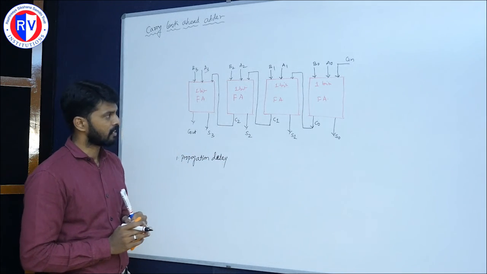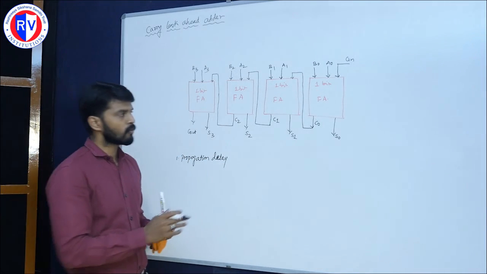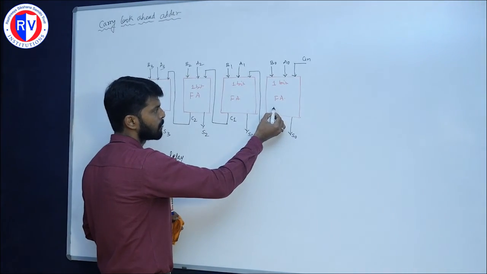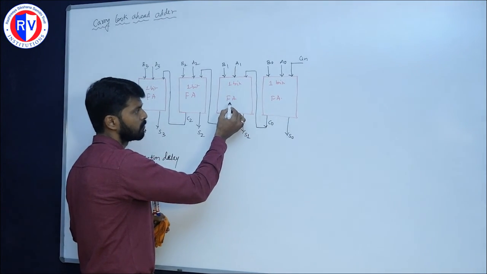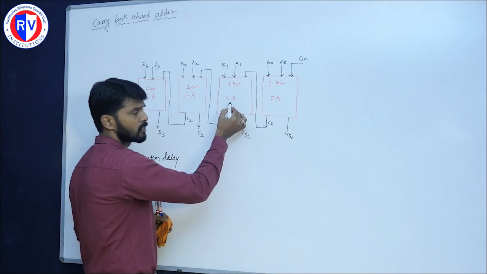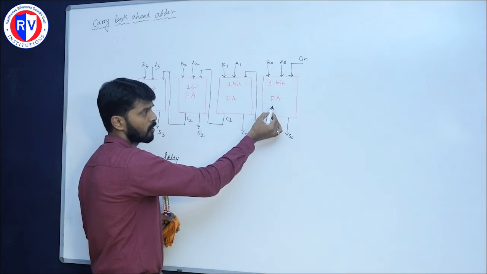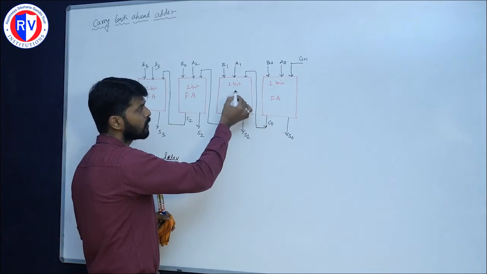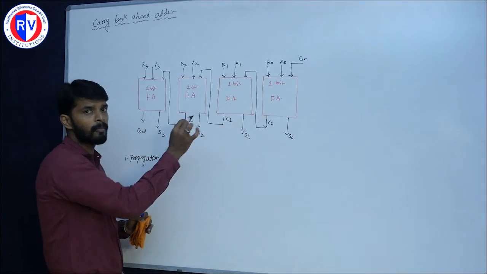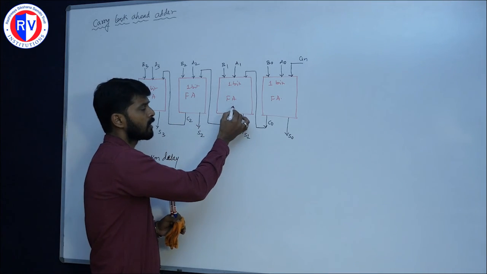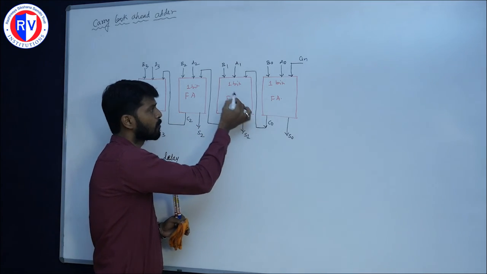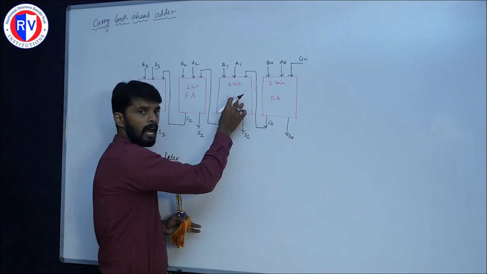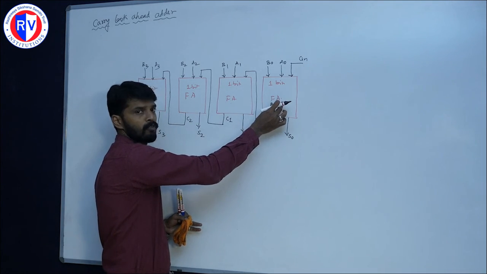See, in this case, the process of the second adder depends on the output of the first adder, because once we get the carry from the first full adder, only then can the second adder perform the operation, isn't it? So until we get the output here, we can't perform the operation in the second adder. So the second adder has to wait for the operation of the first adder.